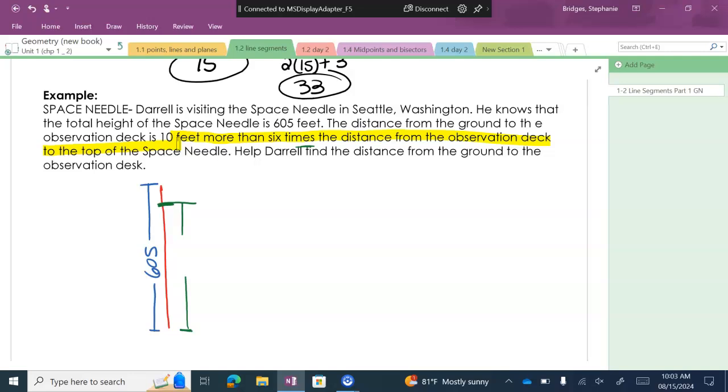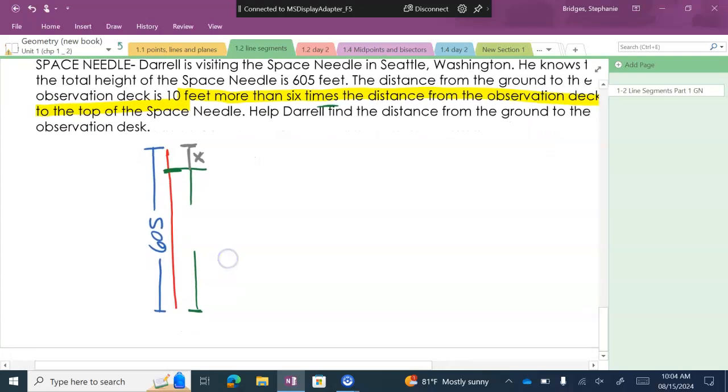Do we know anything about how far it is from the observation deck to the top? No. So when we don't know things, what do we call them? A variable. Any variable. X, right? From the top to the observation deck, we're going to call that X. We don't know what that is. I'm trying to keep it color-coded too, to help, but I don't know if that's really working.